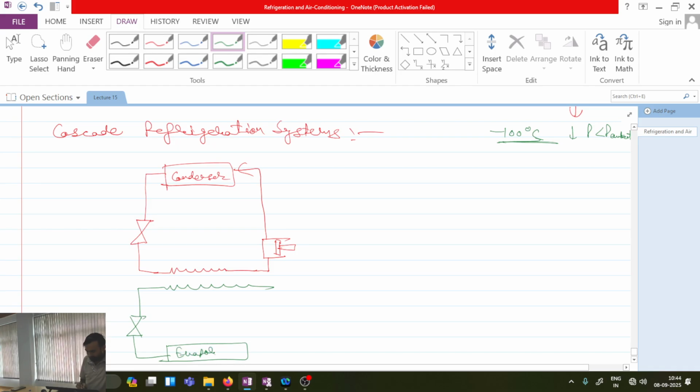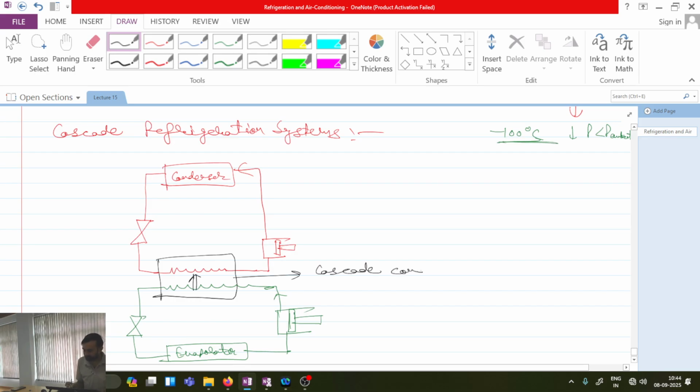This will be the evaporator. Now here, heat will be transferred from this to this, and this happens inside a heat exchanger. This particular heat exchanger is called the cascade condenser.